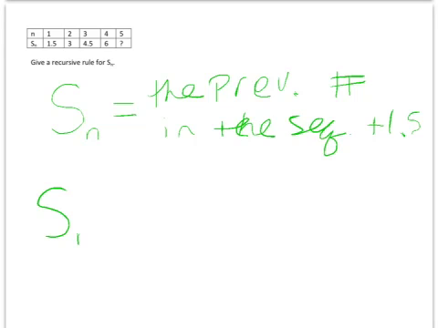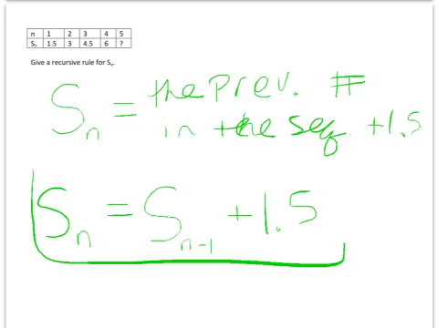And then the notation for the previous number in the sequence, the number before the nth, would be S sub n minus 1, plus 1.5. So that's my recursive equation, or my recursive rule, because we use the previous number in the sequence.